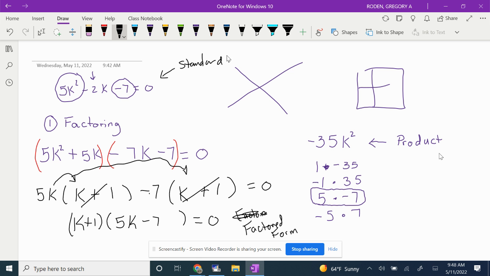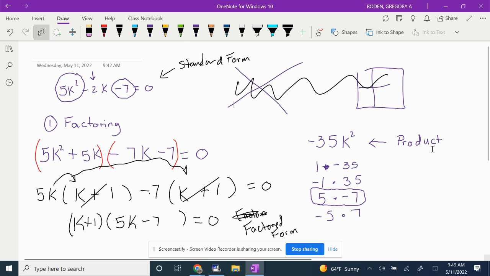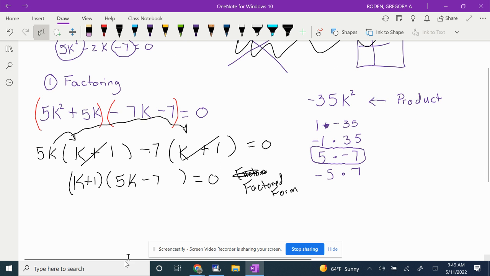Okay. Now, a couple things I want to talk about. Factored form is nice because we can use what we call the zero product property rule. The zero product property rule is, if A times B equals 0, then either A has to equal 0 or B has to be 0.